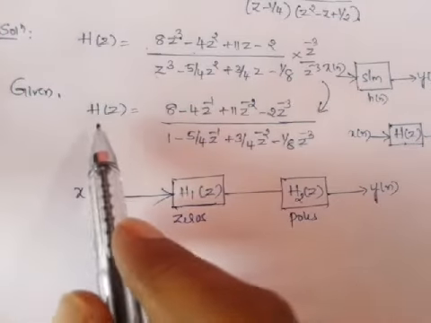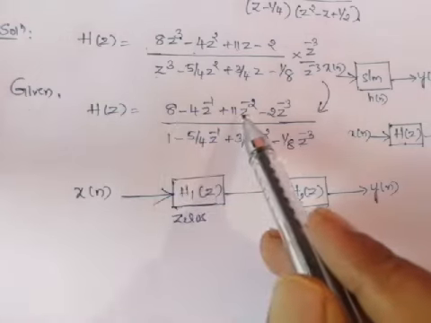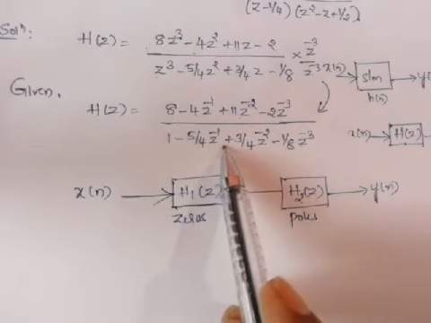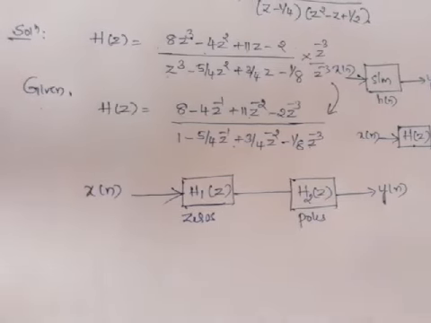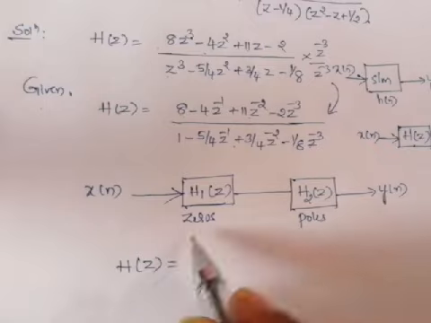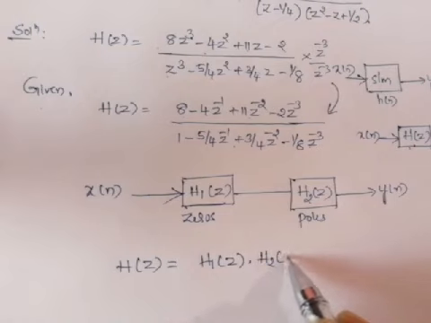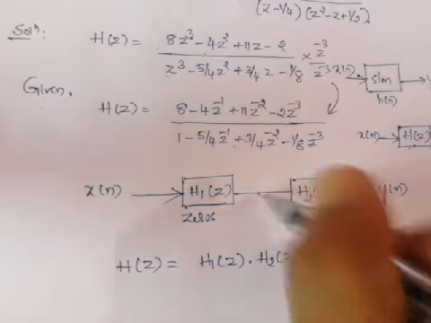In the system function, the numerator polynomial gives the zero system and the denominator polynomial gives the pole system. From this diagram we can say that H(z) equal to H1(z) into H2(z), a cascade connection. Series connection means cascade connection.